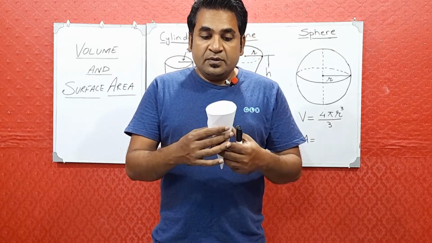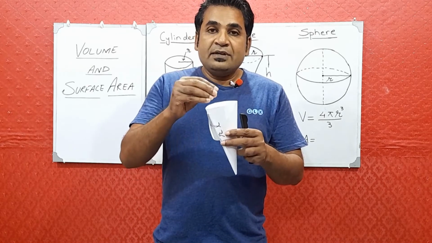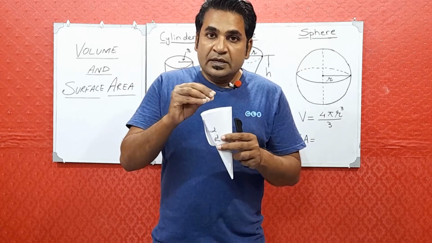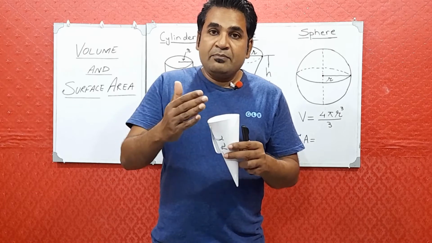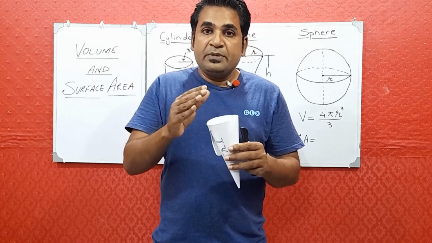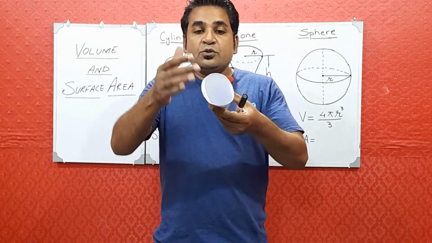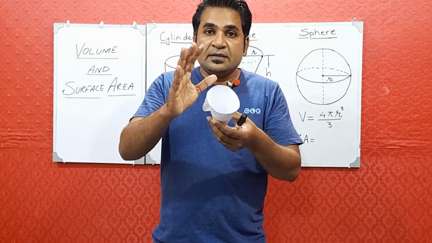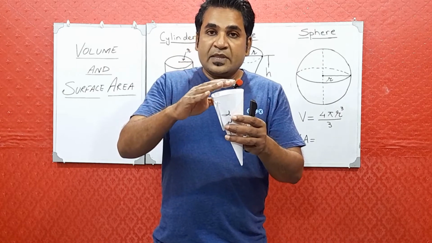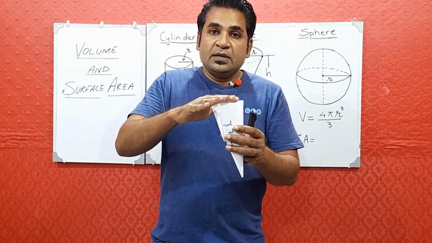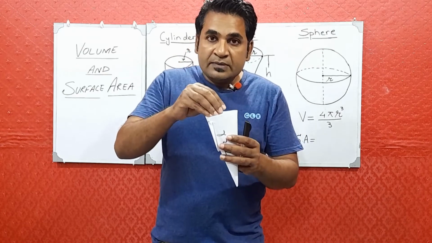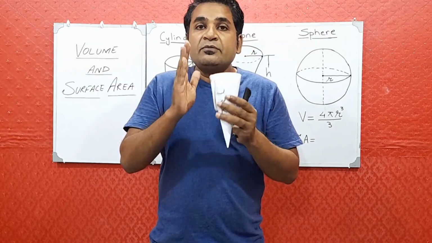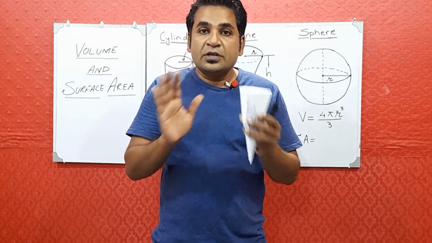This cone has the same volume whether it is solid, meaning filled inside, or hollow like this. If I put some cone in this cone, then it will be filled, but that will not affect its volume. Volume will not change.